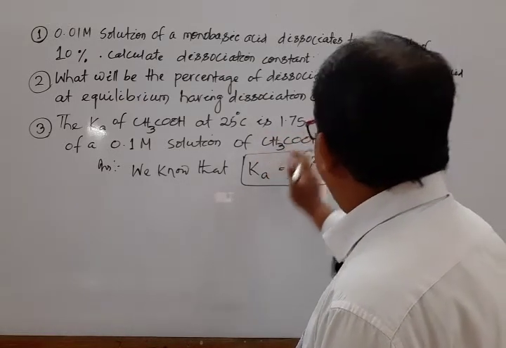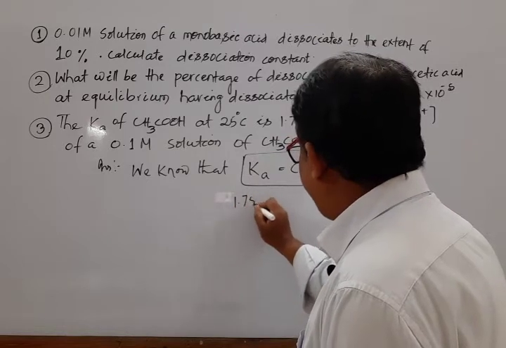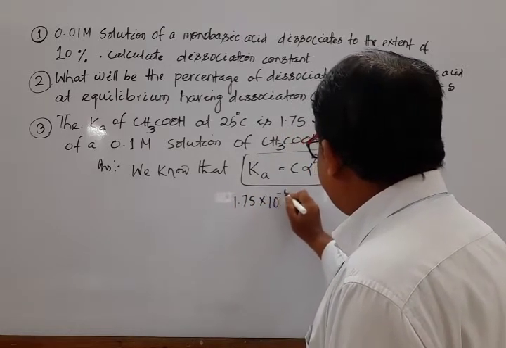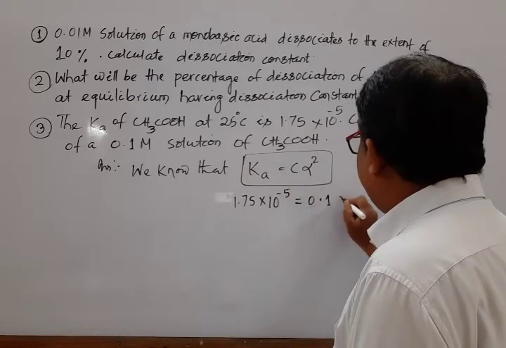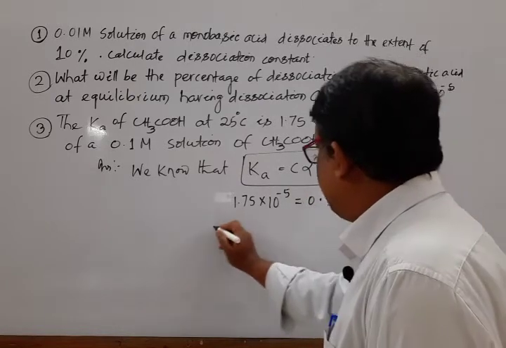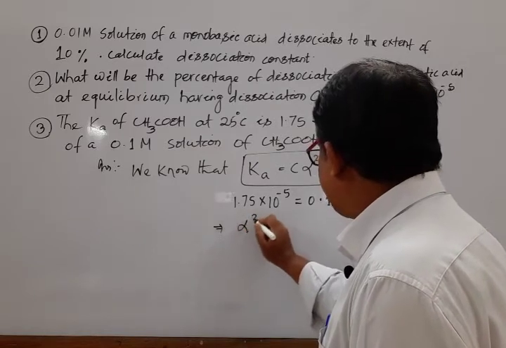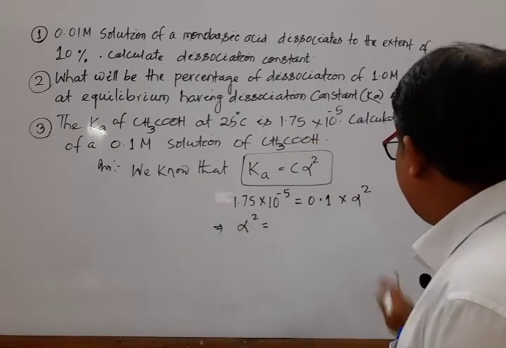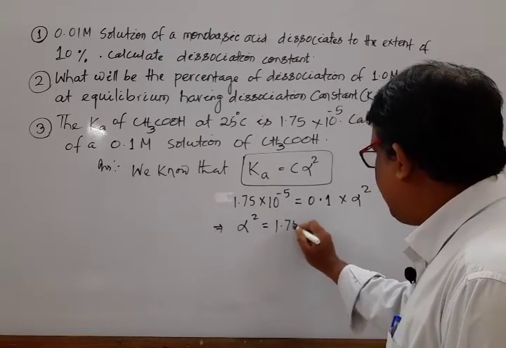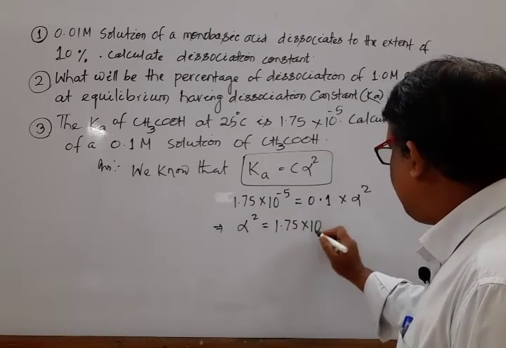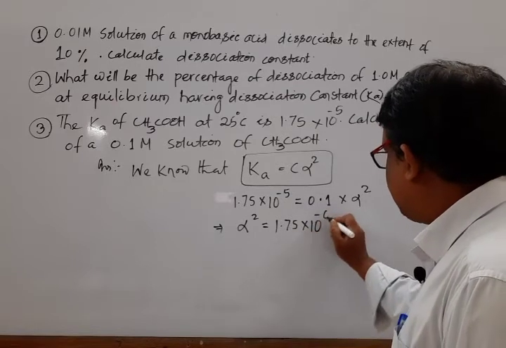So Ka is given, 1.75 into 10 to the power minus 5 is equal to C, the concentration, 0.1, into alpha square. So alpha square is equal to 1.75 into 10 to the power minus 4.